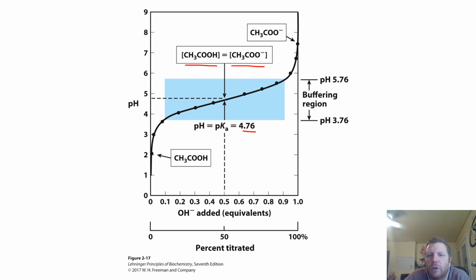When the pH of the solution was 4.76, we had an equal concentration of these two substances. Now, as our pH went up, what happened? The concentration of the deprotonated form of acetic acid goes up. What's going to happen to the protonated form's concentration as the pH goes up? It goes down.